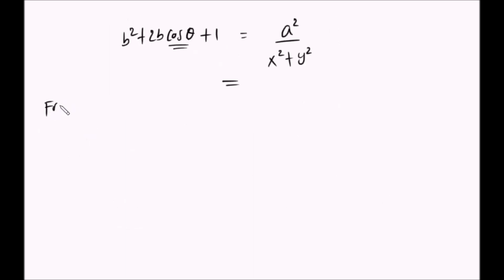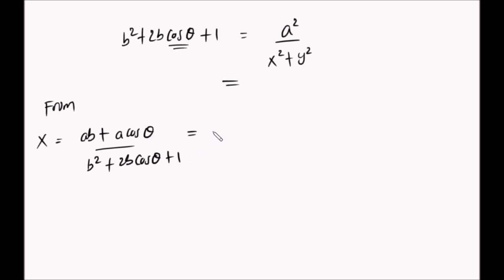So from x ilikuwa sasa na ab jumlisha a cos theta over b squared jumlisha 2b cos theta plus 1, si ndio? Hii sana useme ab jumlisha a cos theta times 1 over b squared jumlisha 2b cos theta jumlisha 1.